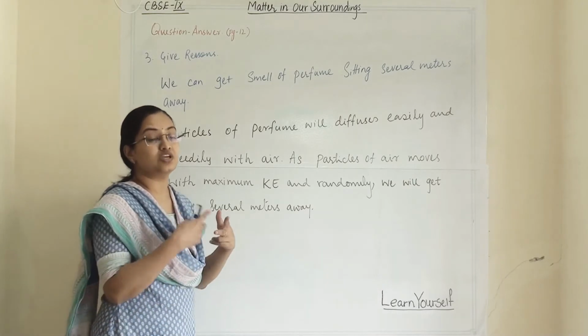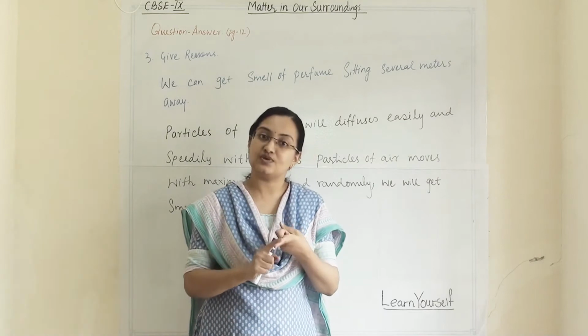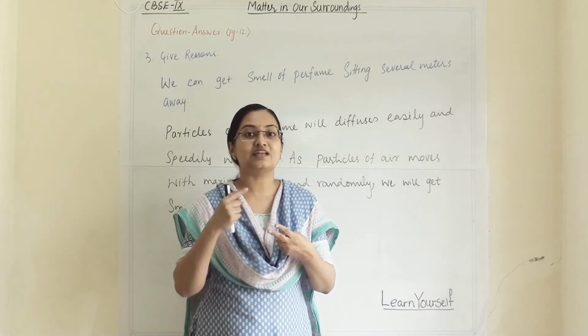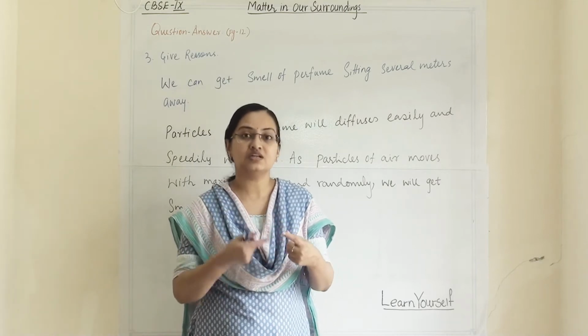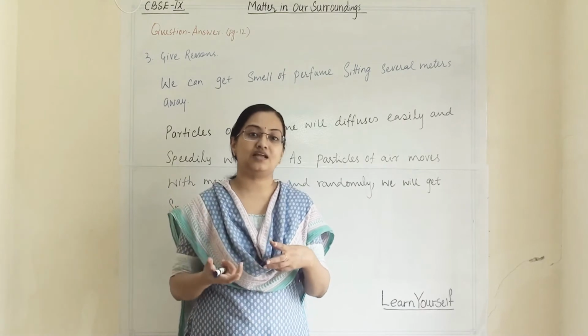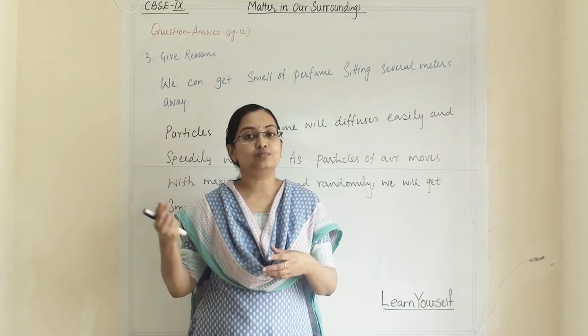So these two things should come in this reason. First, it diffuses very easily, and second, as it is with the air, air's quality will be applicable to it. It will move randomly and with maximum kinetic energy, so it will easily reach several meters away.